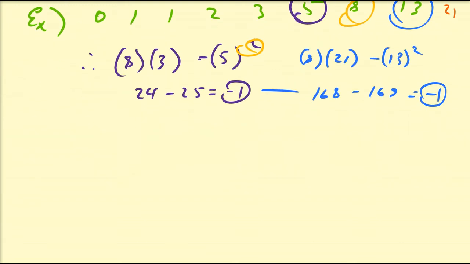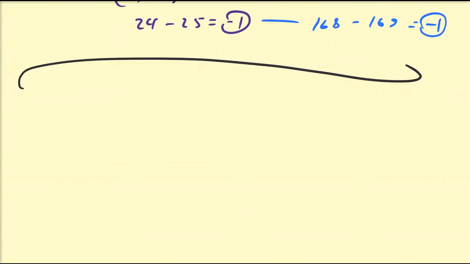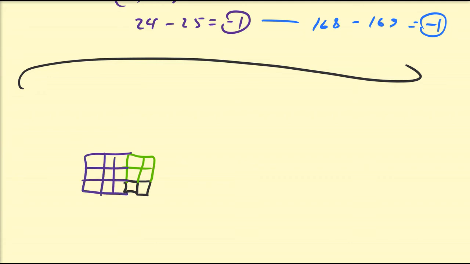And there's one more property that can very easily be seen from the geometric intuition that we sort of built in the beginning. All right, so let's start off with our little squares. So there's our F1, there's our F2, here's our F3, here's our F4.